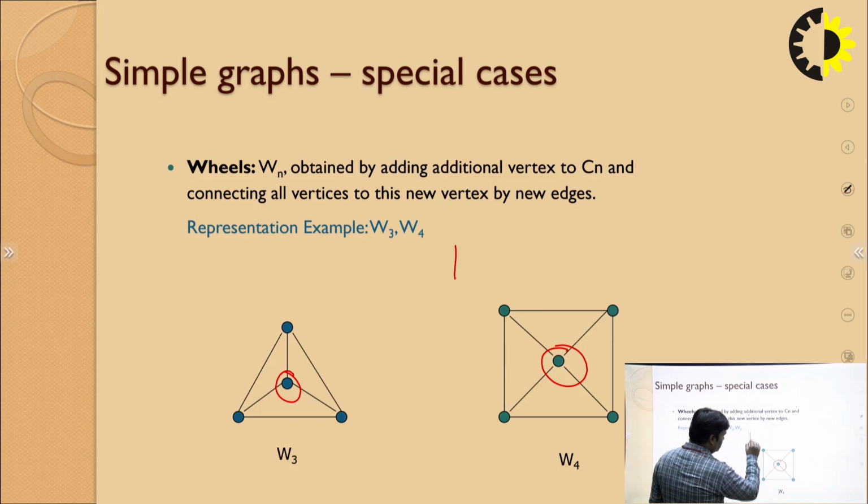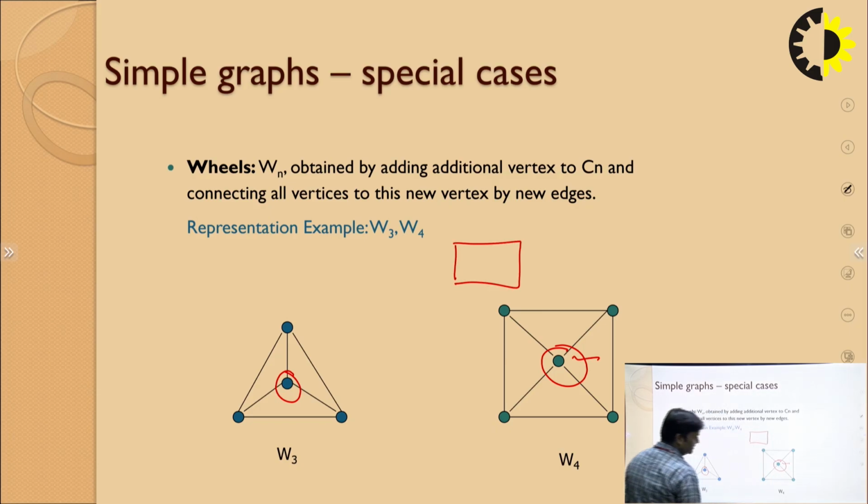If the graph is this, we add a new vertex and connect all the remaining vertices with it, then this is known as a wheel.